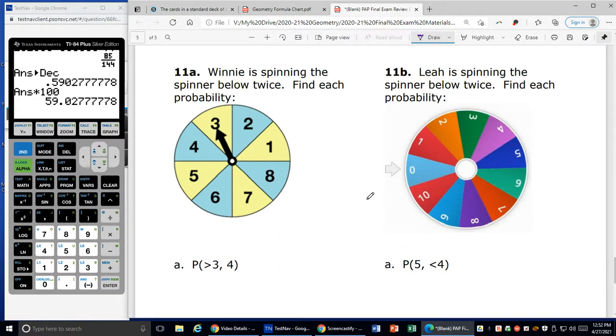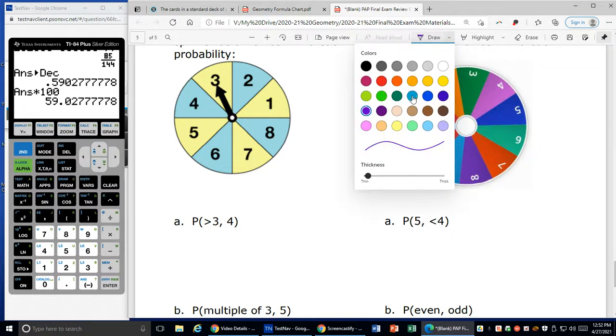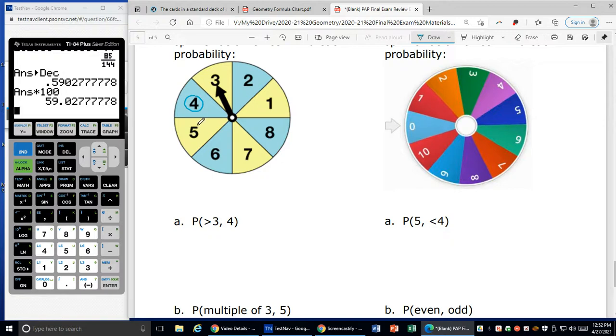In the next video, oh, nope, sorry. I almost forgot about 11. We're spinning a wheel. Winnie is going to spin the spinner below twice. Find each probability. Okay, so first we're trying to find the probability that we land greater than a 3, and then that we get a 4. So which ones are greater than 3? 1, 2, 3, 4, 5. There are 5 sections greater than 3 out of 8 total sections.